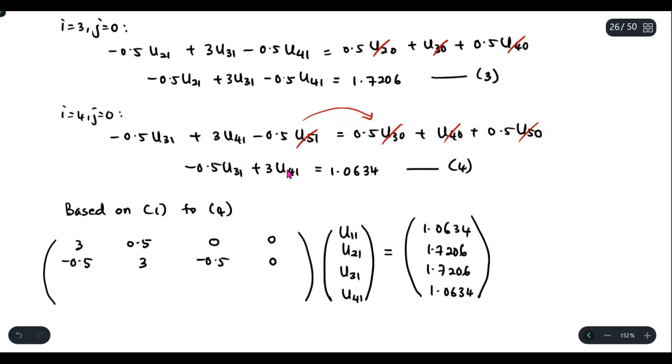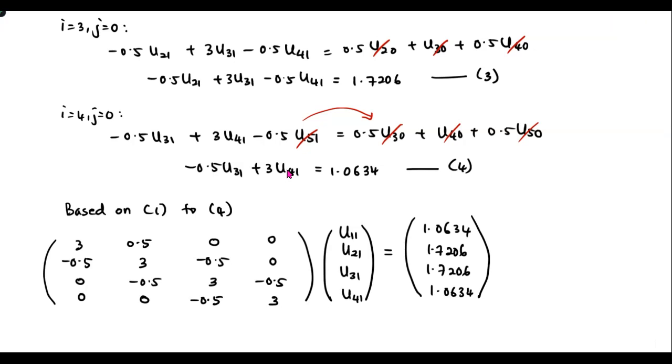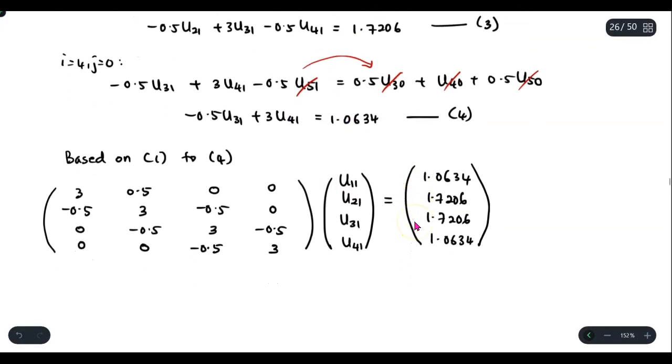Equation number 3, you don't have u11, so 0, and then you have negative 0.5, 3, and negative 0.5. And lastly, equation number 4, you don't have u11, you don't have u21, but you do have u31, so the coefficient is negative 0.5, and finally u41 with the coefficient of 3. So this is our linear system.